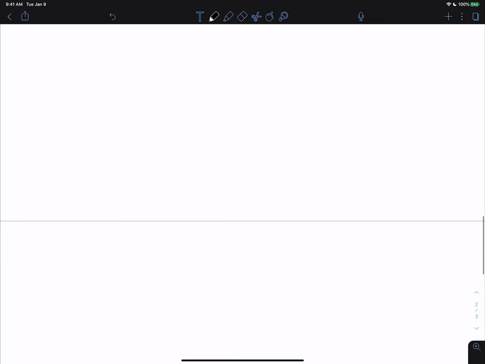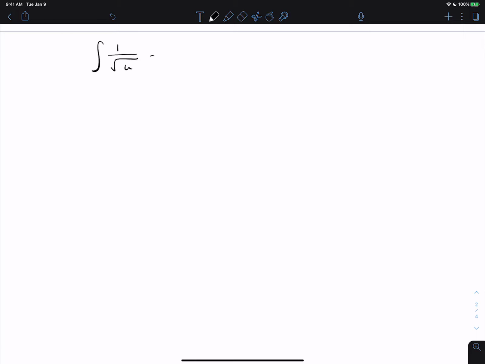Okay, a similar relationship exists between these two forms. On the ones above, we had 1 over u versus 1 over 1 plus u squared. This form and this form, depending on what we set up as u, can look basically the same.